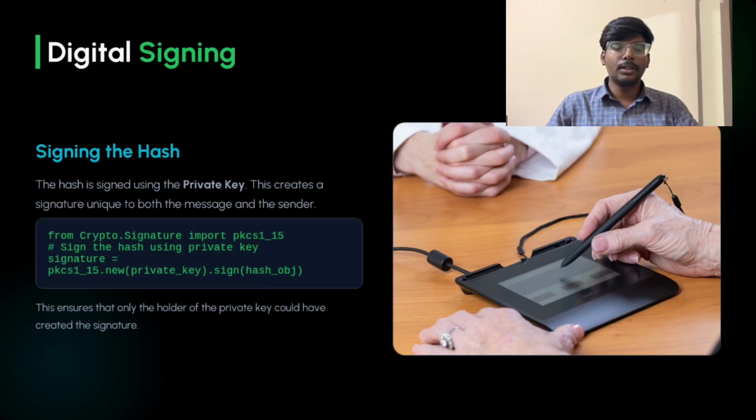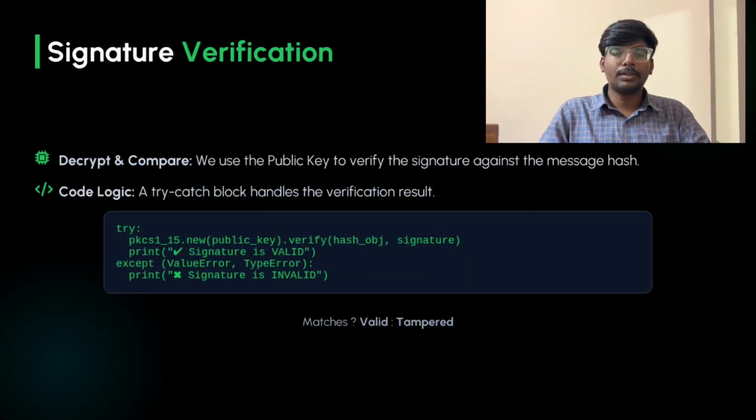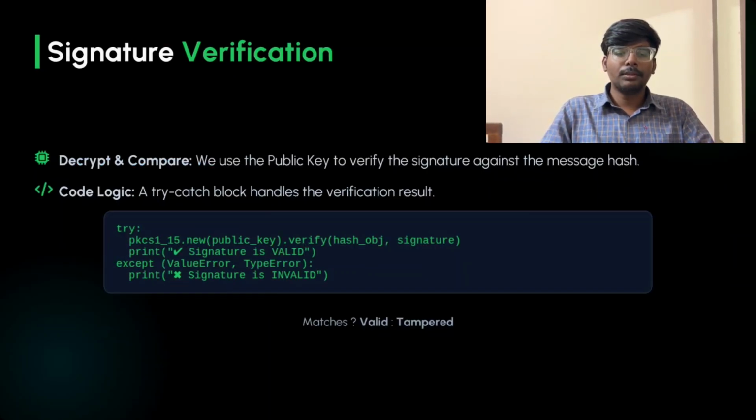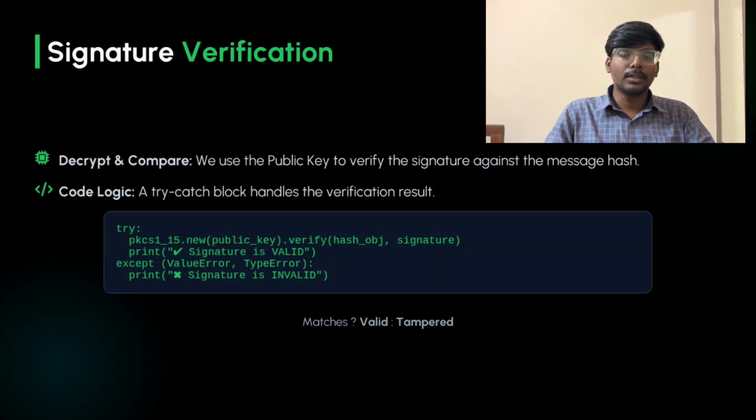Now let's see how the receiver verifies this message. Signature verification. Now we see the verification process. The receiver first computes the hash of the received message using the same SHA-256 algorithm. Then the receiver uses the sender's public key to verify the signature. In our code, this is done using a verification function that checks whether the decrypted signature matches the computed hash.